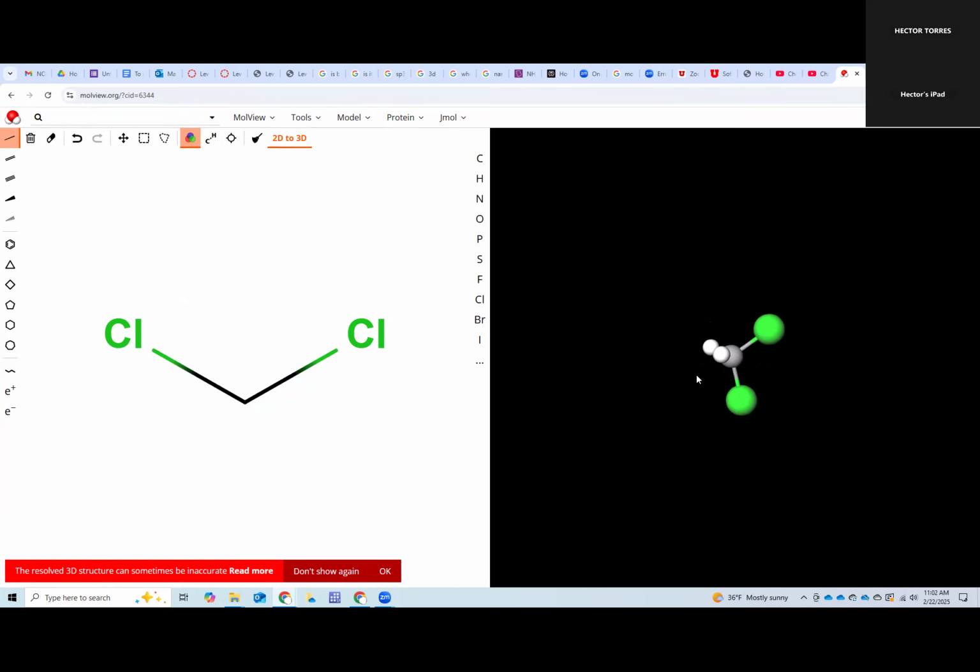And at most times, one's coming towards us and one's going away, as you can see with these hydrogens. That's going to be our tetrahedral shape. If we connected them, it'd kind of be like a pyramid shape. Okay, and that's going to be it for our methylene chloride.